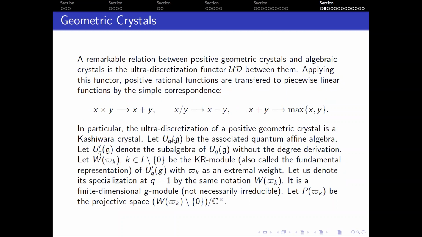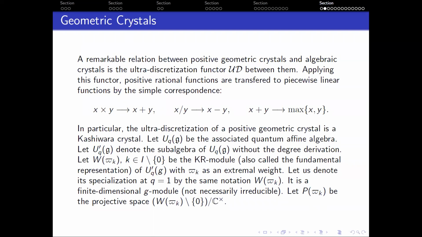Okay, and one important observation in that theory was ultra-discretization. It's kind of a linearization, where multiplication is mapped to addition, division is mapped to subtraction, and addition is mapped to maximum.